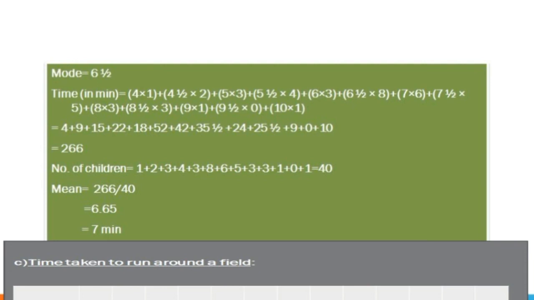And now how to calculate the mean. Multiply time by number of children, as time is 4 minutes and the number of children is 1, then multiply by 1, then 4.5, then multiply by 2. You can write in decimal form instead of fractions for calculation.